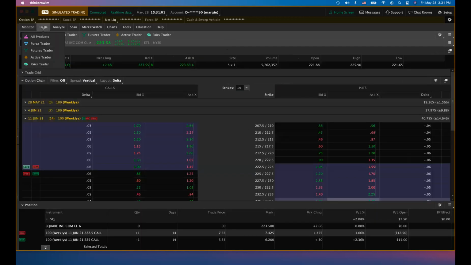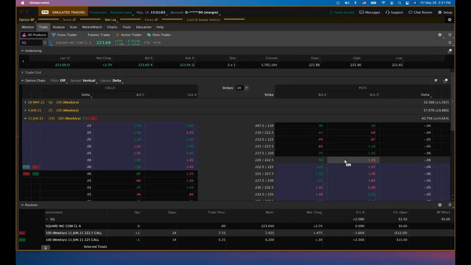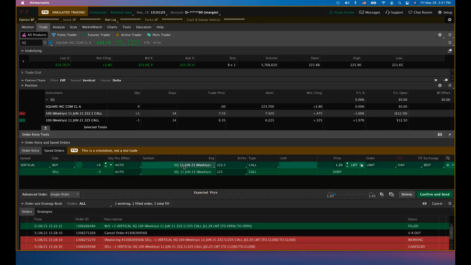So the way you would do that is going to your trade, and we picked the 222.5 and the 225, and that was a call debit spread. I believe it is this one right here. So I would simply click one time on that to bring up the order.